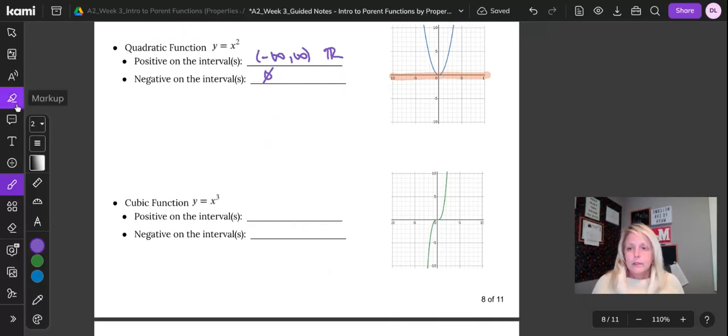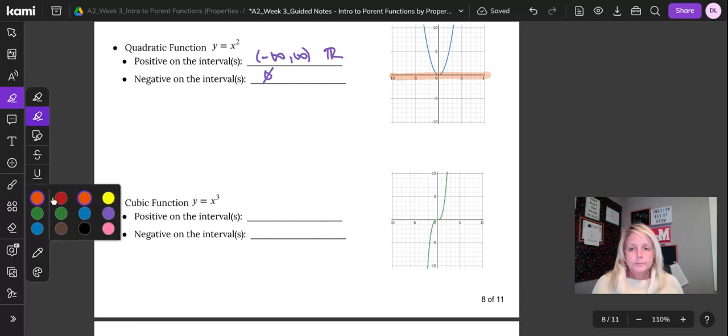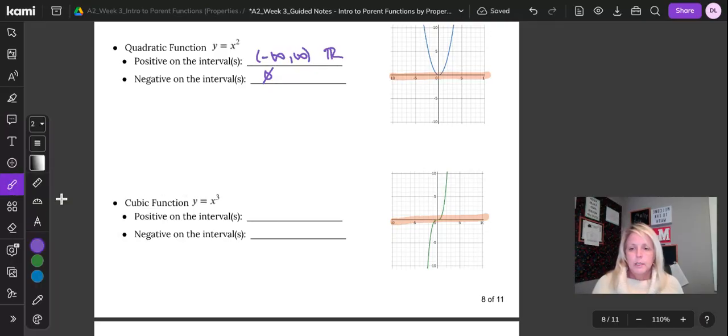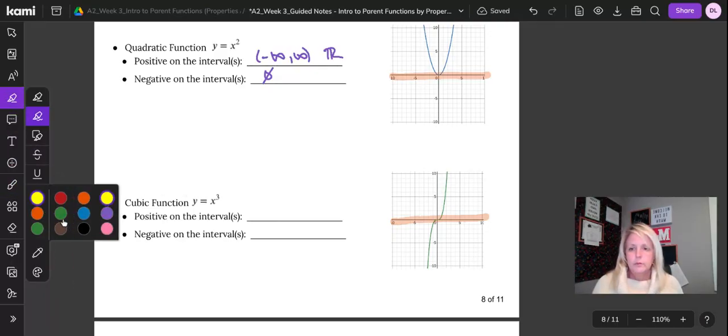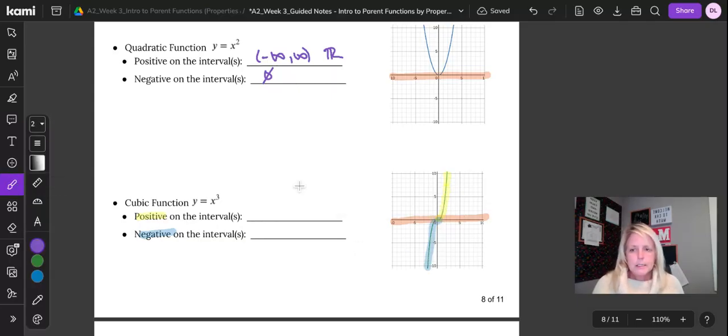All right, and then the last example, our cubic function. Here's my y-axis, and then our positive graph. Function in quadrants 1 or 2 would be here, and then our negative is going to be below the x-axis.